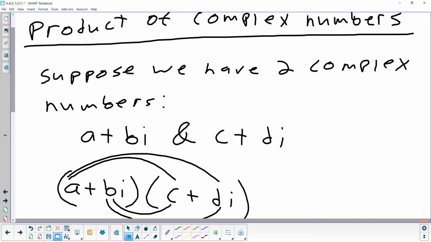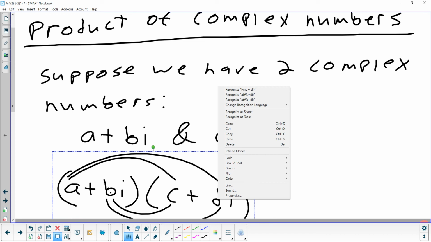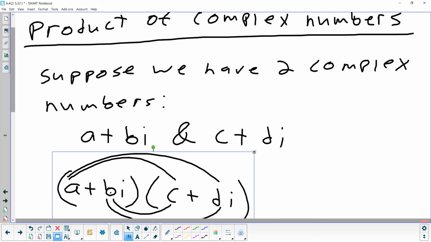You multiply the first terms together, the outer terms, the inner, and when you multiply the last terms, that's when you're going to end up with an I squared. The last term in the first parenthesis is BI. In the second parentheses, it's DI. If you multiply those together, you're going to have an I times an I, which is I squared.